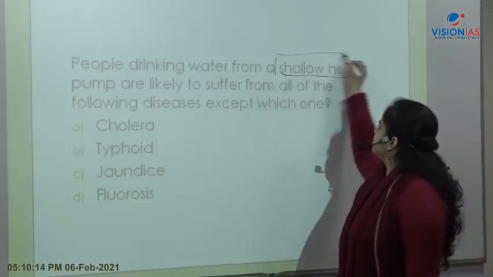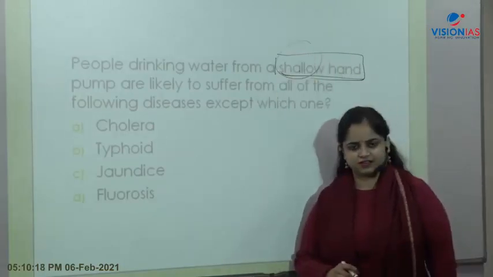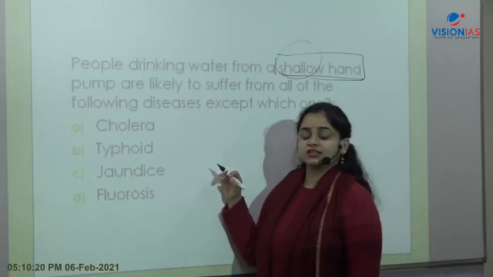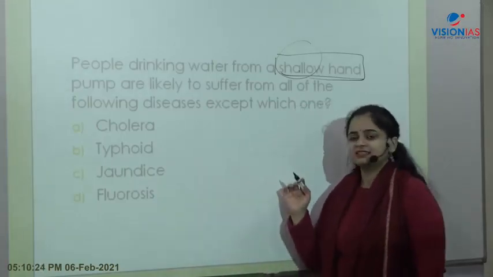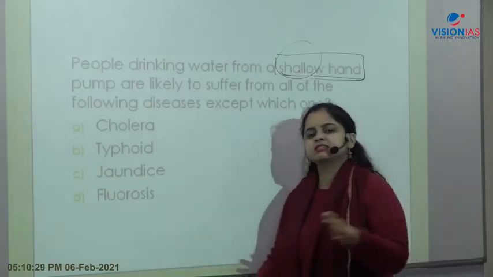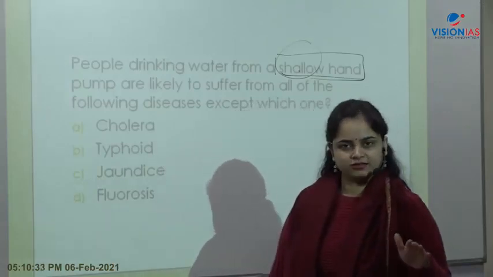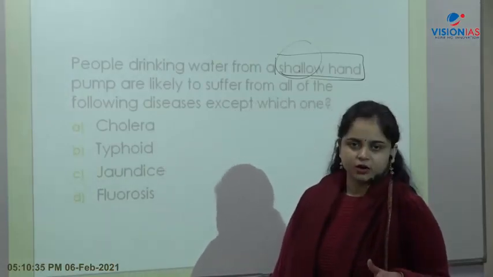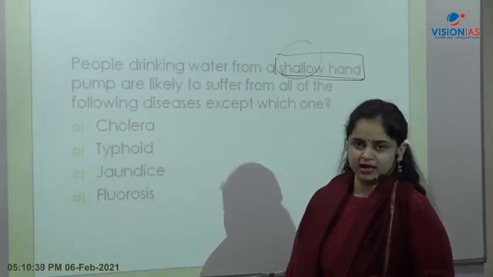Now, this word shallow holds a lot of significance in terms of how this question has been framed. When the examiner is saying shallow, what it is trying to say is that this is near the groundwater, near the ground level, and anything which is near the ground level has a higher chance of getting microorganisms.